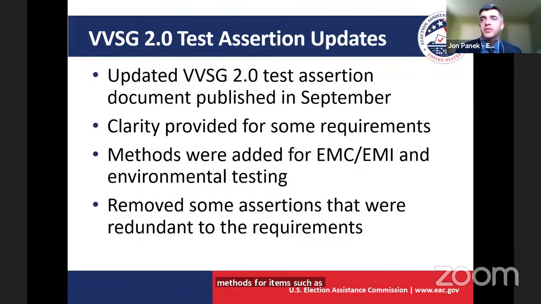And we've removed some assertions that were redundant to the requirements and did not actually provide additional clarity. The intent for the document is to evolve and improve over time. So we expect to publish a few iterations as we progress through implementation of VBSG 2.0.